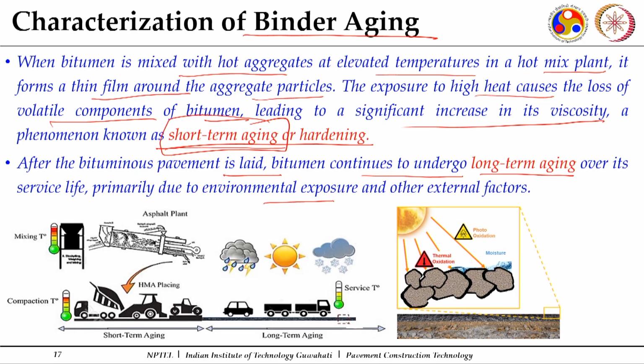What is more important is, when it is produced at a hot mix plant, this is the hot mix plant where it is getting produced, and then it is transported to the site, laid and compacted.